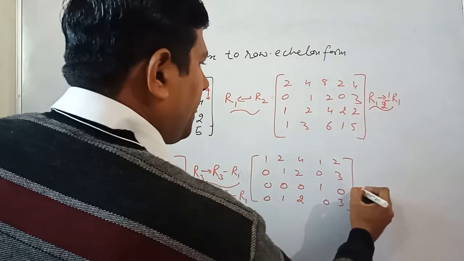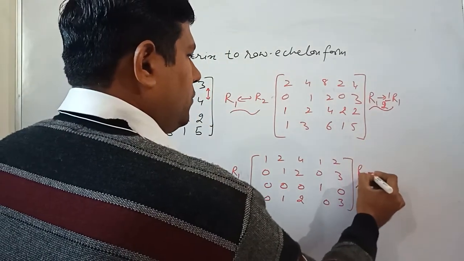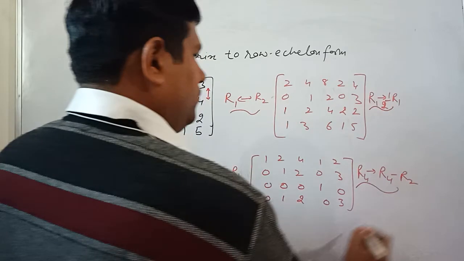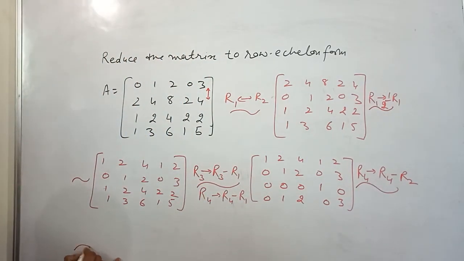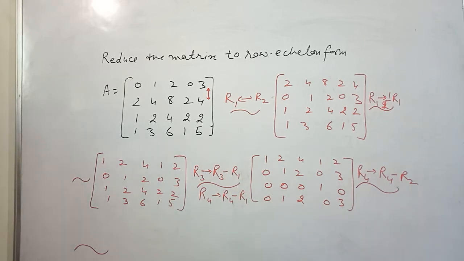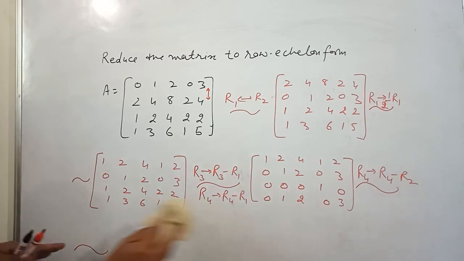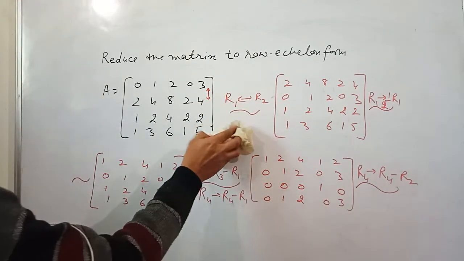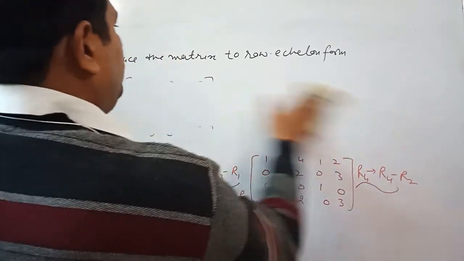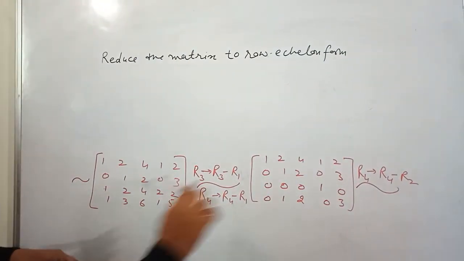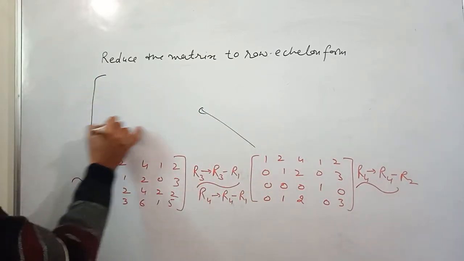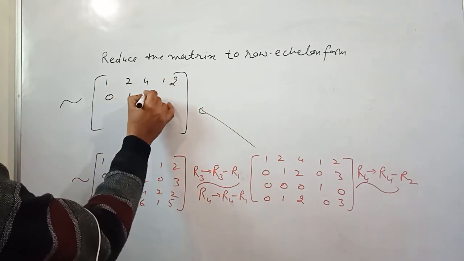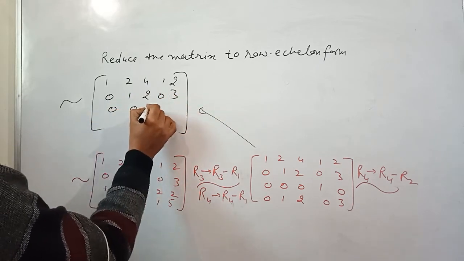So applying R4 minus R2, we get, I'm writing this matrix here, because this will not come in the field of view of this camera. We get 1 2 4 1 2, 0 1 2 0 3, 0 0 0 1.